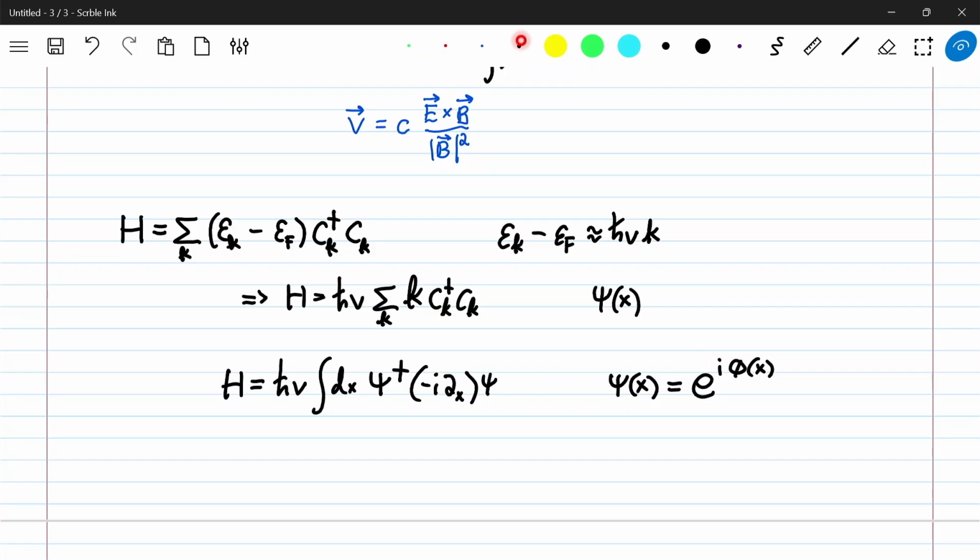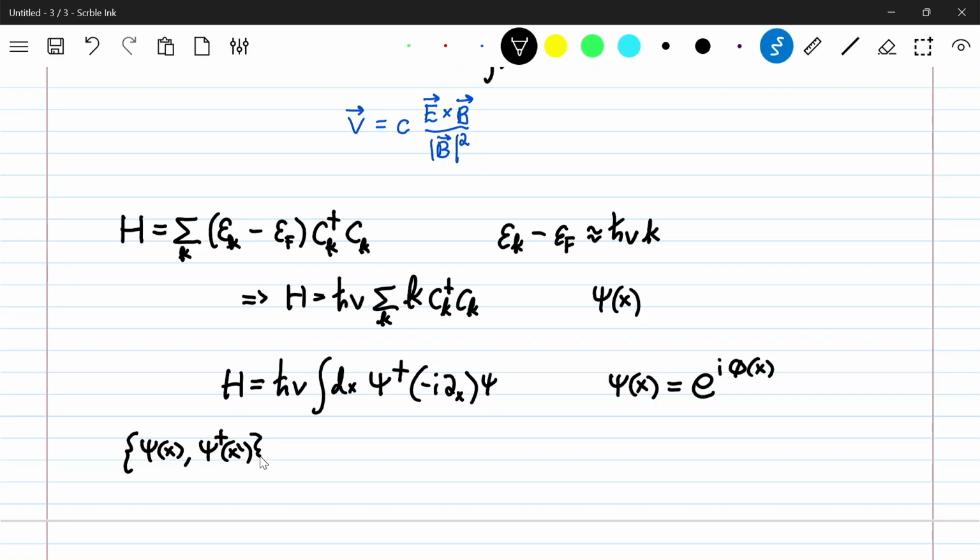Now, what is this field phi? We have to remember that we can write it this way, but we have to make sure that the electron is a fermion, right? So we know that there must be anti-commutation relations, right?